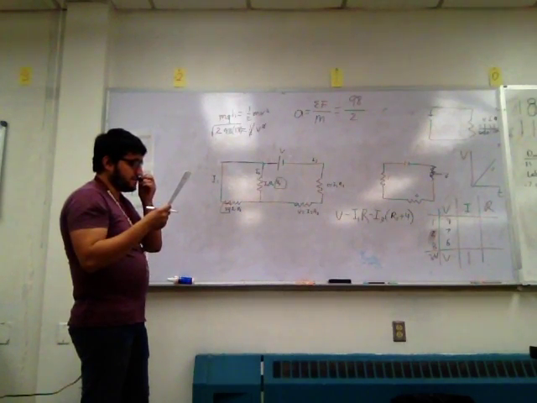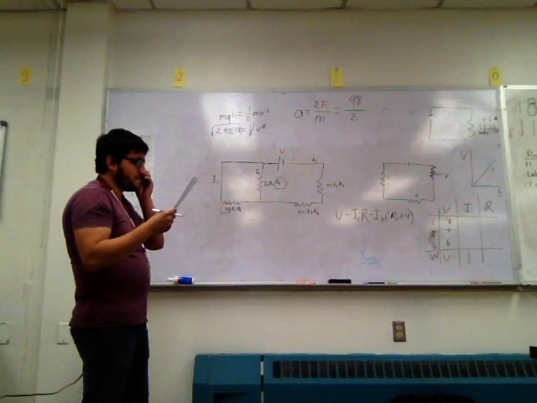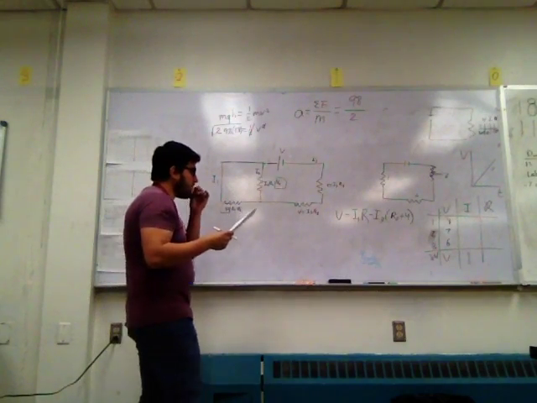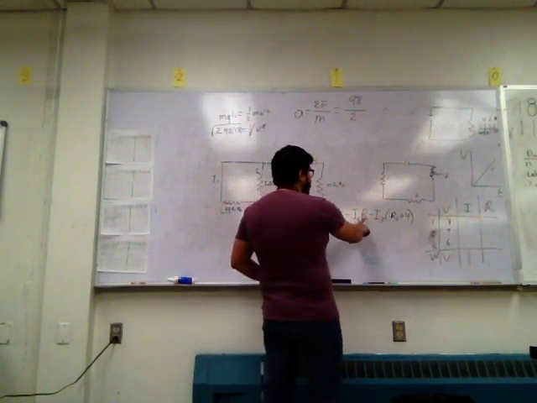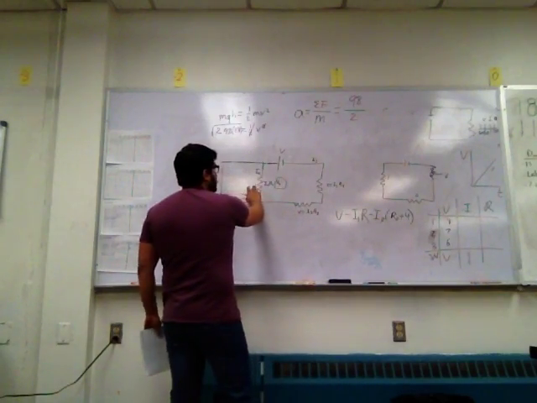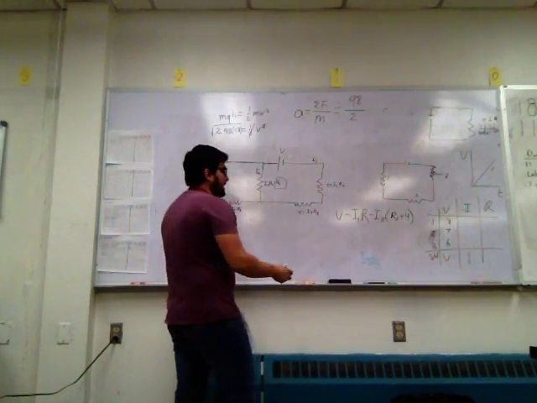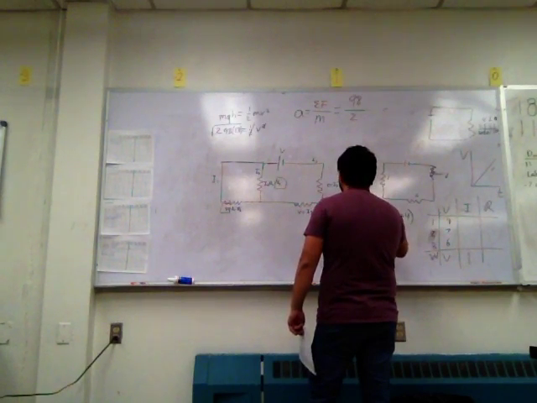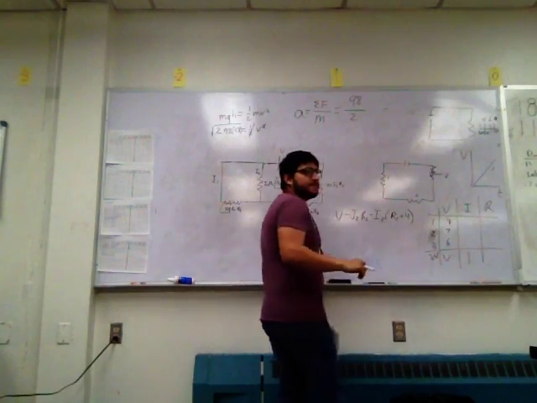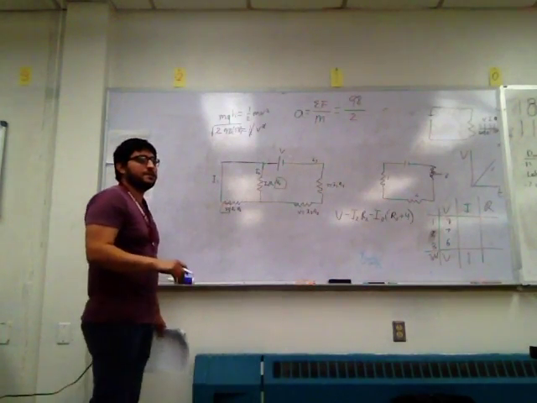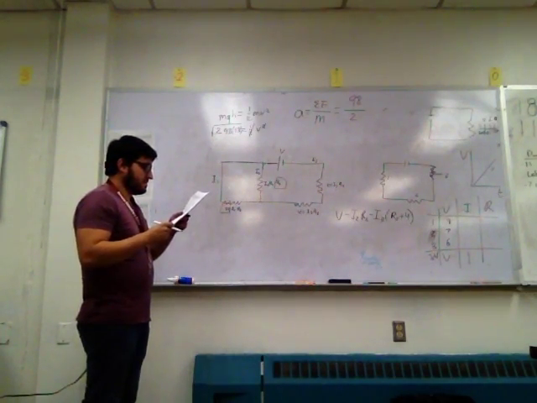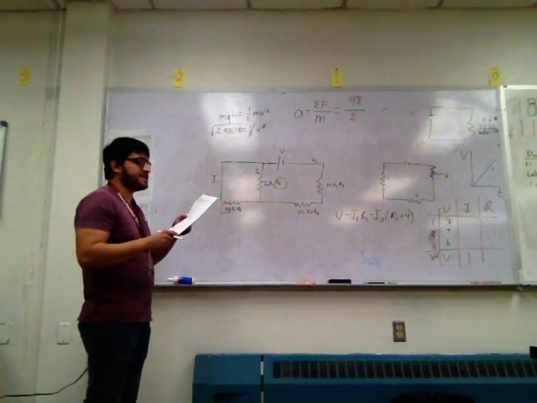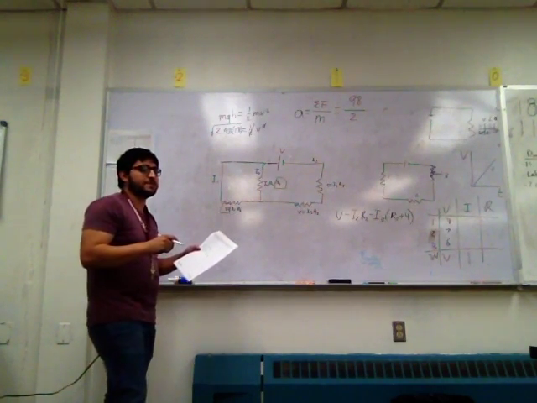The other answer is, since these two are equal in voltage to each other, right? I could have put I2 over R2, right? That also could have been right. Look at the C. That's what they did right there.